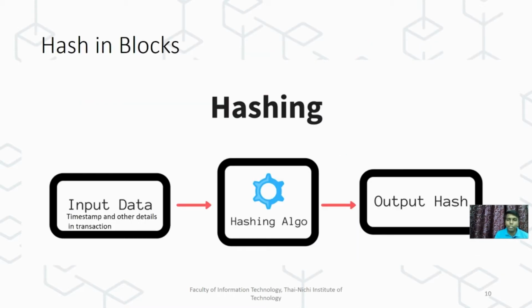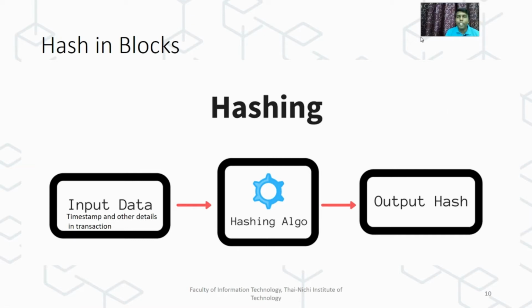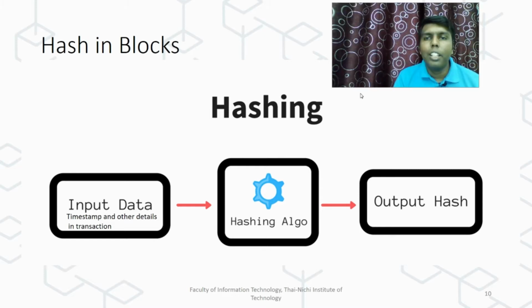Now hashing. Hashing will have an input data, and here we have the transaction details and its timestamp details and the hashing algorithm. So these timestamp and the details of the transactions are fed into a hashing algorithm, and this hashing algorithm will produce an output hash.